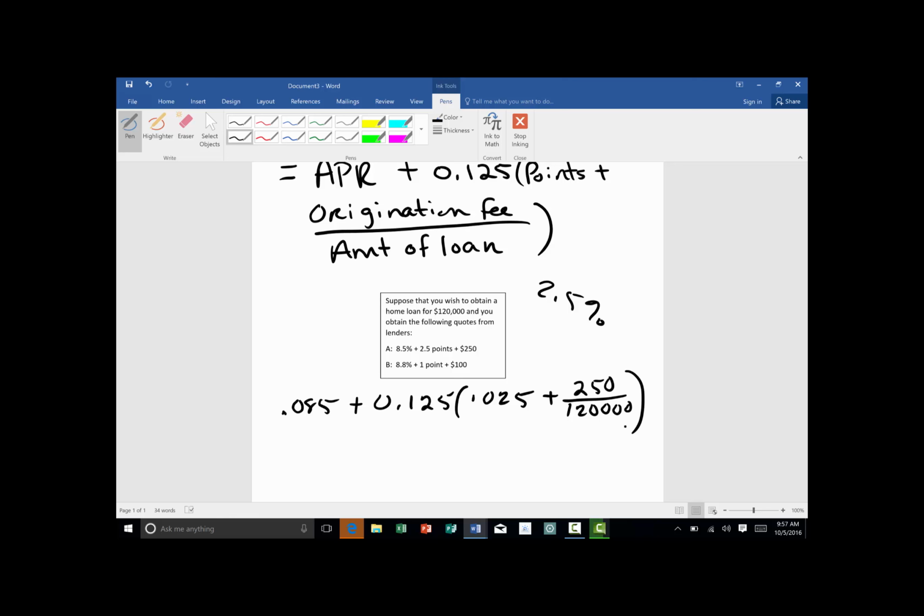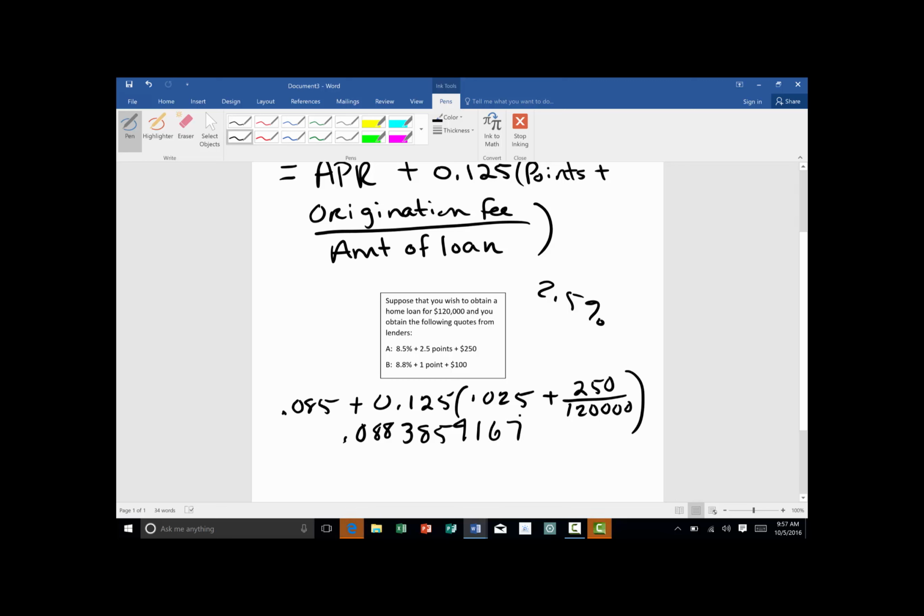Order of operations says you need to do multiplication next. So now we'll do times 0.125. And we get 0.0033854167. You add the 0.085 last, and this is what we get. 0.08838544167.